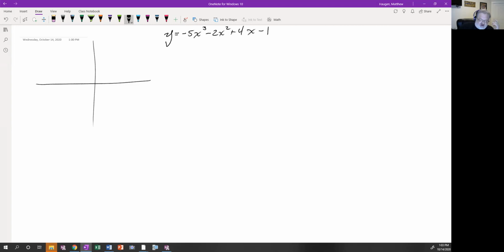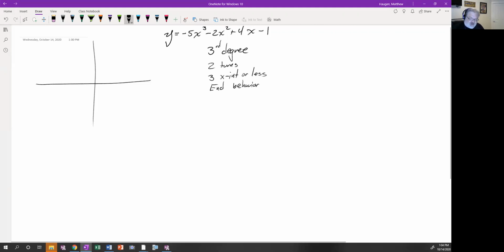This polynomial's got all kinds of twists and turns to it. We can look at it and say it's third degree, which will mean it has as many as 2 turns and as many as 3 x-intercepts. Could have less. But the idea of end behavior is a fairly important one.